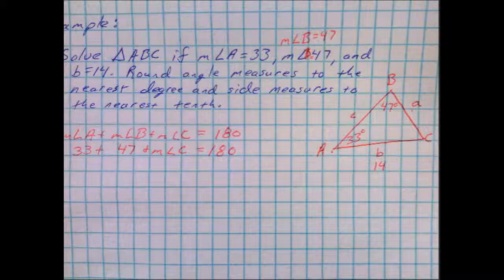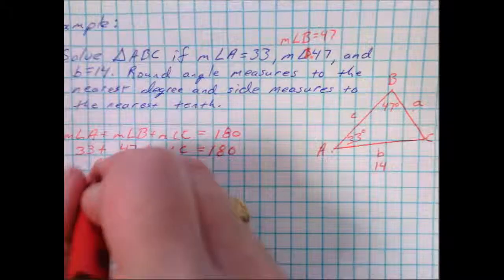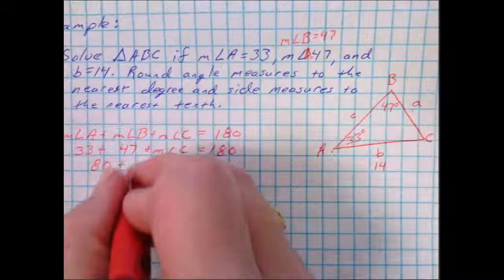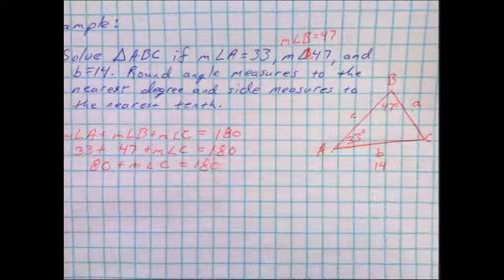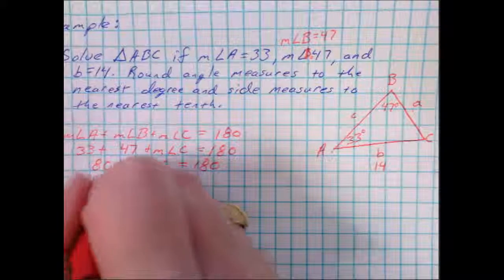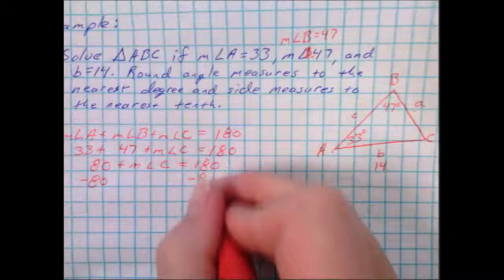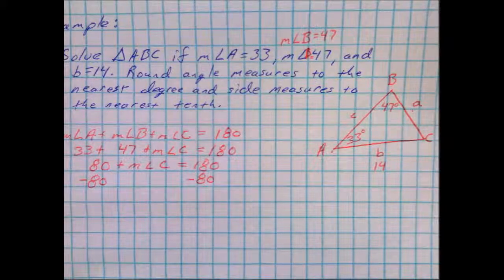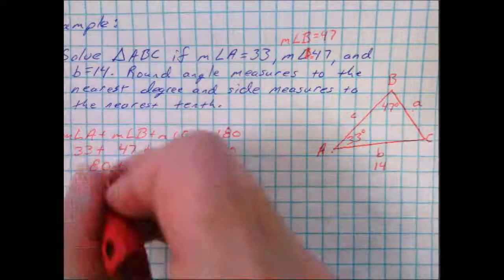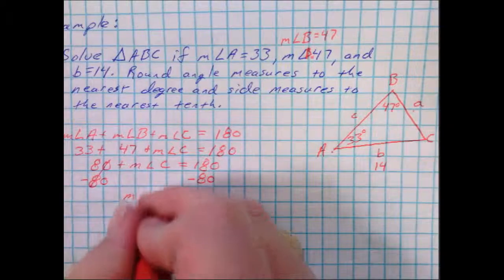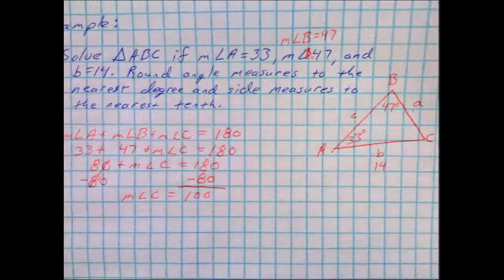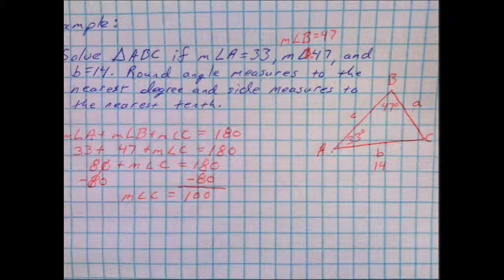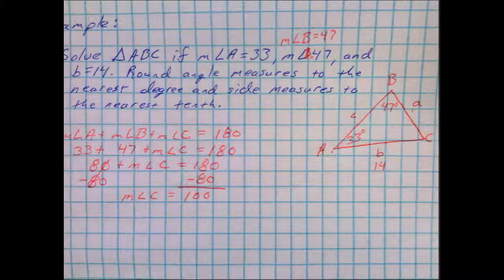When we add those two together, we get 80 plus the measure of angle C equals 180. Then subtracting 80 from both sides, those cross out, so we're left with the measure of angle C equals 100. Okay, and that's just our angle sum theorem that we had from semester 1.